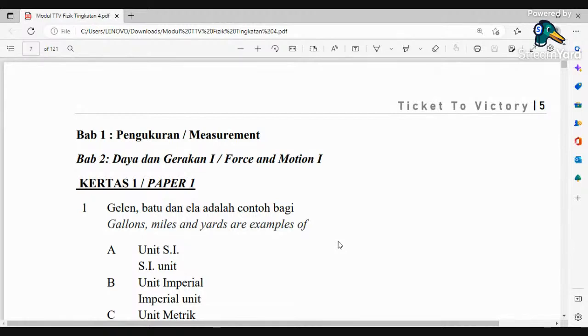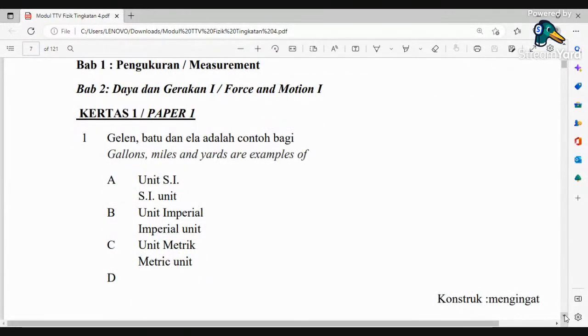Okay, paper 1. We'll look at some questions in paper 1. First part, number 1. Gallons, miles and yard are example of. Okay, kalau kita discuss in chapter 1, kita ada two types of unit.